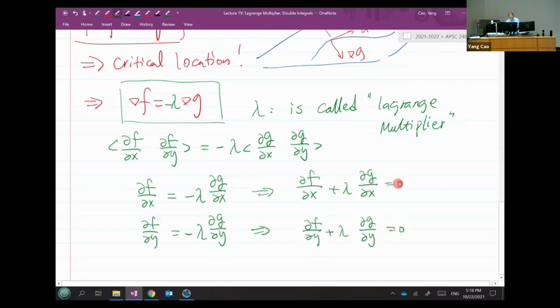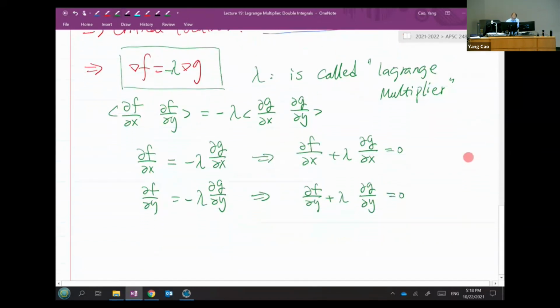So that parallel condition is equivalent to the math given over here, the two equations.